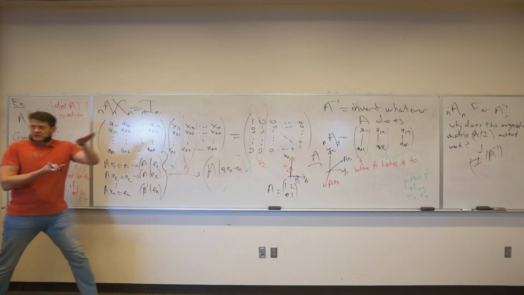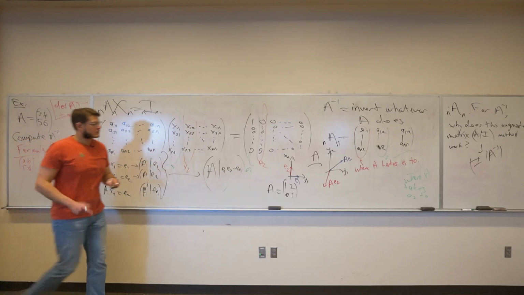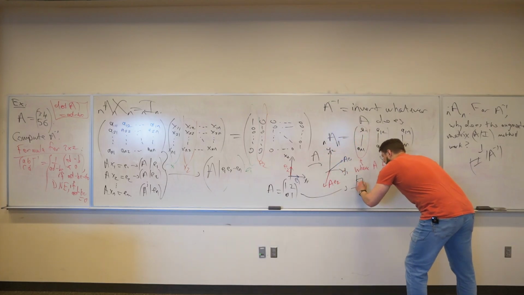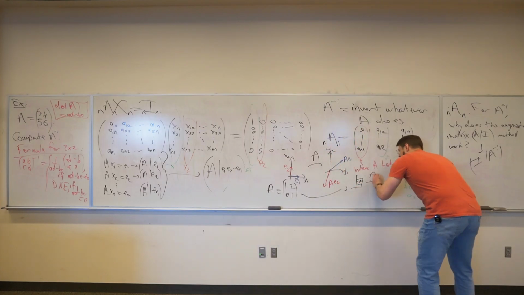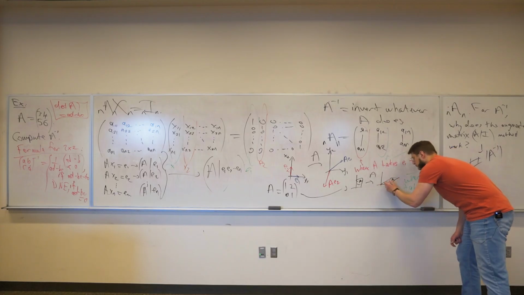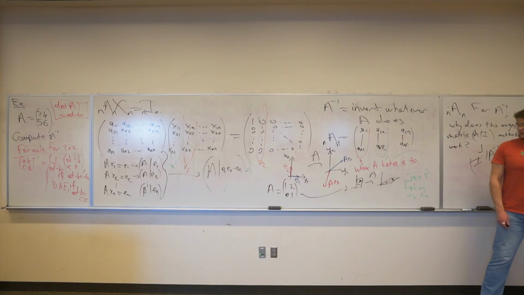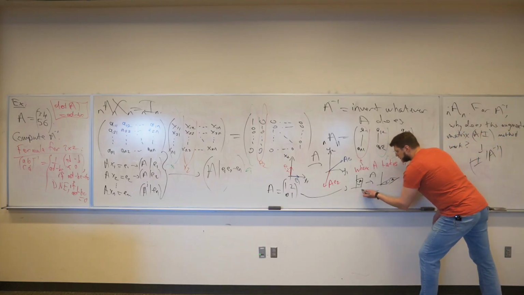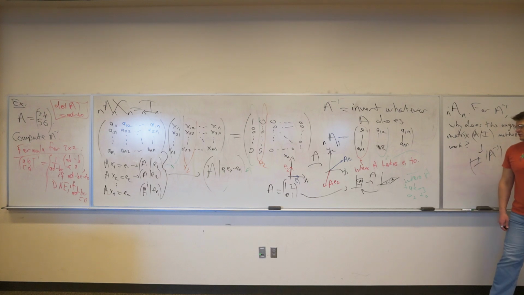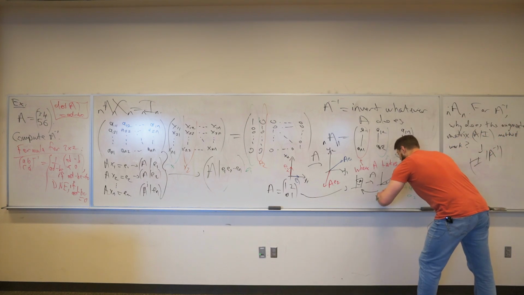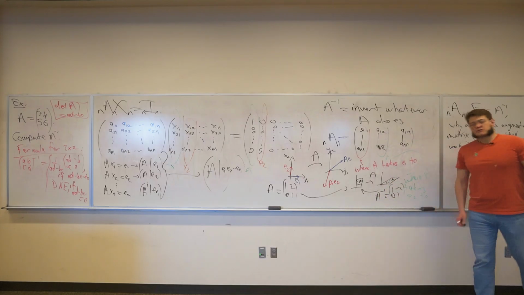So it moves things this way. If we had this, apply A, now it's sheared like this. And how are you going to go back? Well, you want to shear back in the same direction, which means that A inverse should be 1, minus 2, 0, 1, for instance.